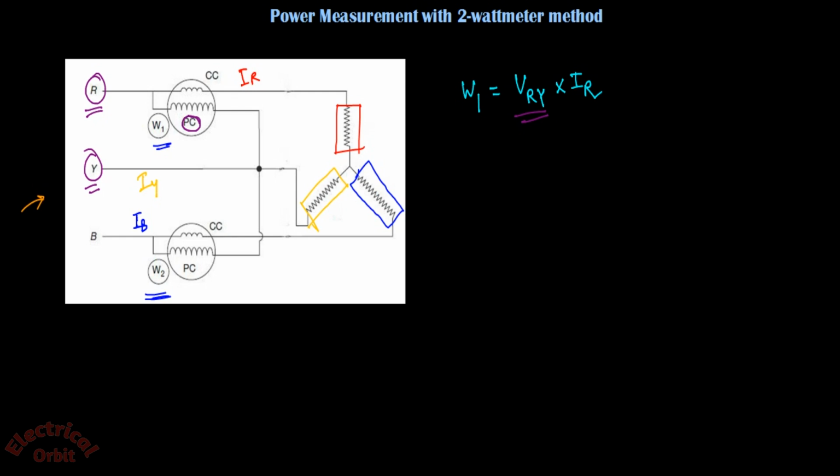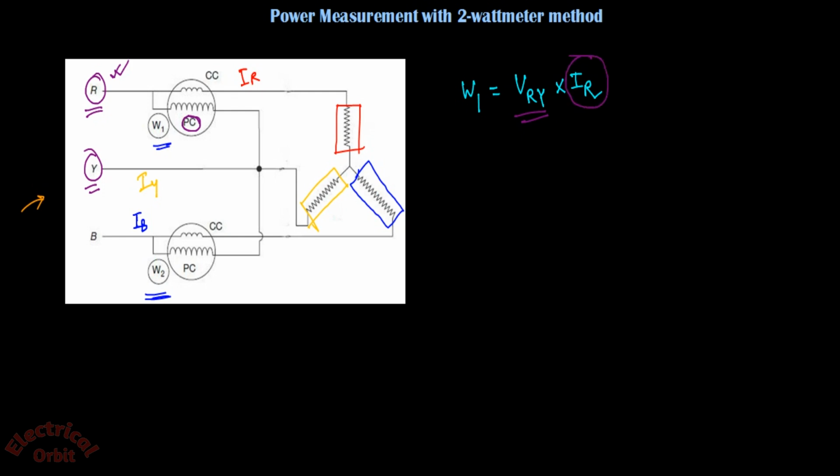And IR, because the current coil is connected with R phase, so the current coil will measure the value of the current through R phase, that is IR.